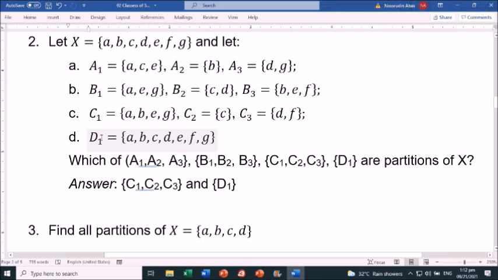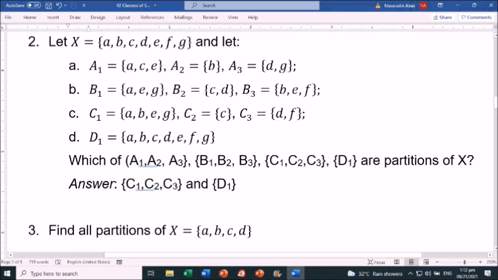Also, we have D sub 1. So, this is all of them. Now, the question is, which of the following, A sub 1, A sub 2, A sub 3, B sub 1, B sub 2, B sub 3, C sub 1, C sub 2, C sub 3, and then D sub 1 are partitions of X. So, the answer is the C sub 1, C sub 2, C sub 3, and D sub 1.